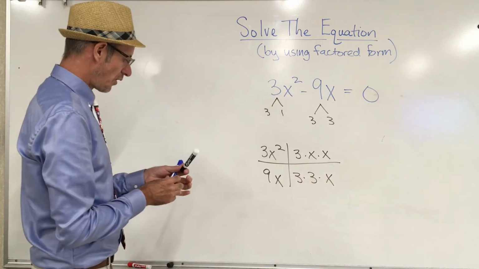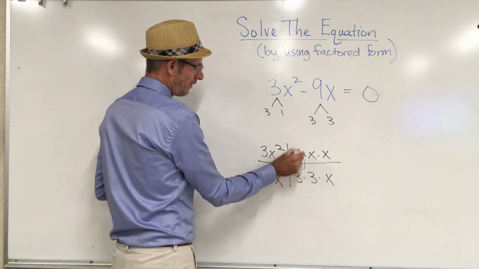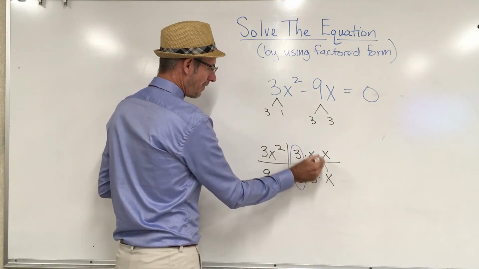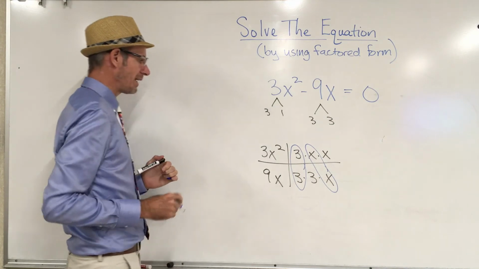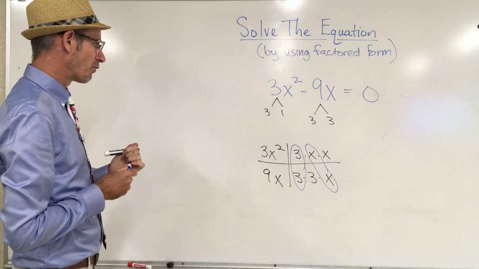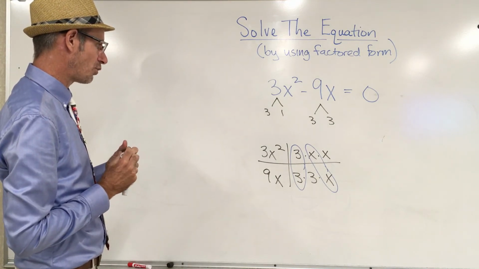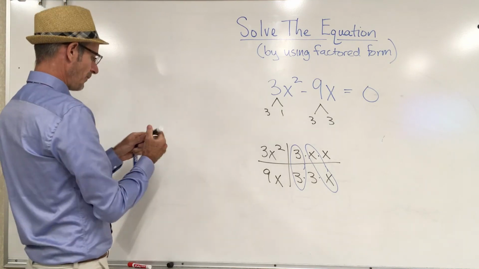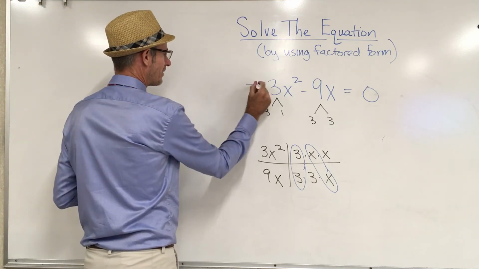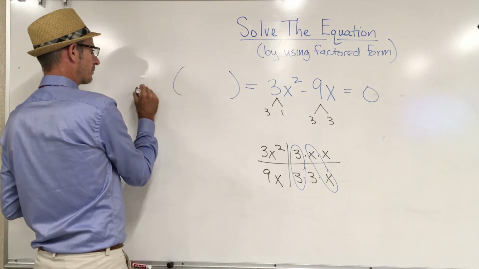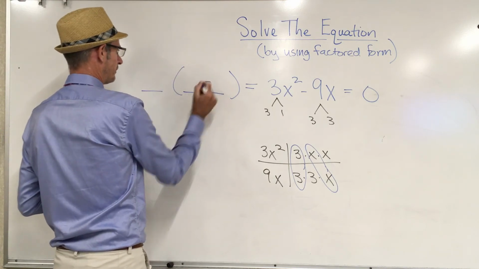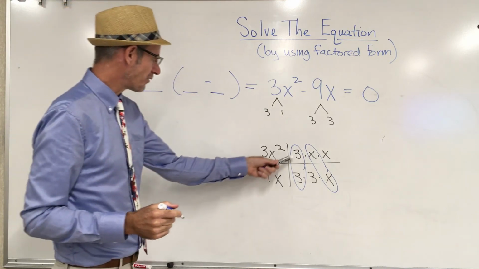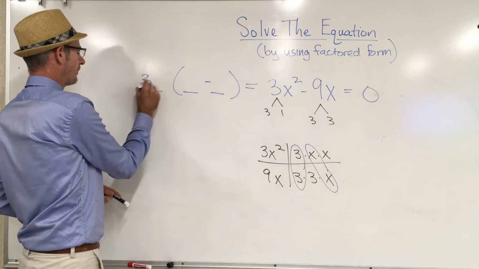So now when we look for common factors, they both have a 3 and they both have at least one x. So our greatest common factor is 3x. So we're going to set up our problem like this. And our greatest common factor again is 3x.